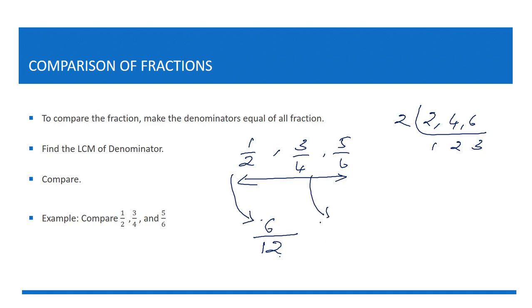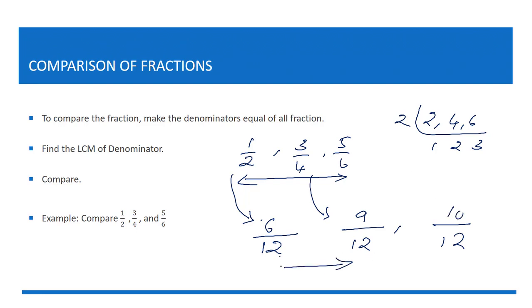Now I will represent this. 12 is the LCM. 4 3s are how much? 4 3s are 12, 3 3s are 9, 9 by 12. And then for 5 by 6, it is 12: 6 2s are 12, then 2 5s are 10.